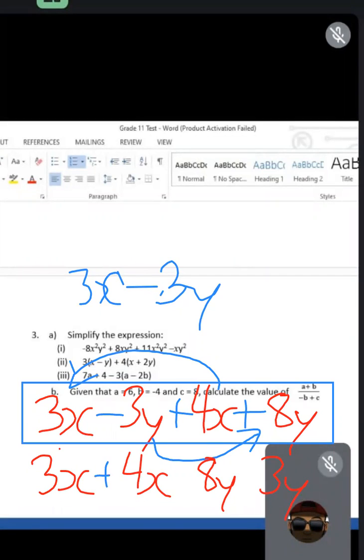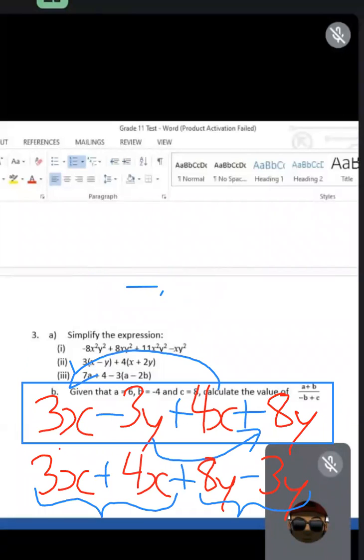The plus 4x here, the plus 8y, the minus 3y. Now if we take a look at this, right? See that? So the y's are together, the x's are together.